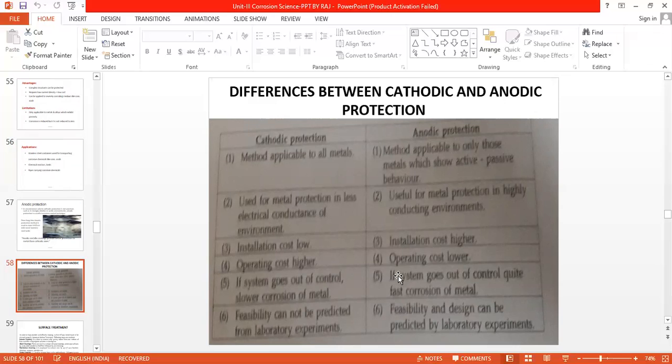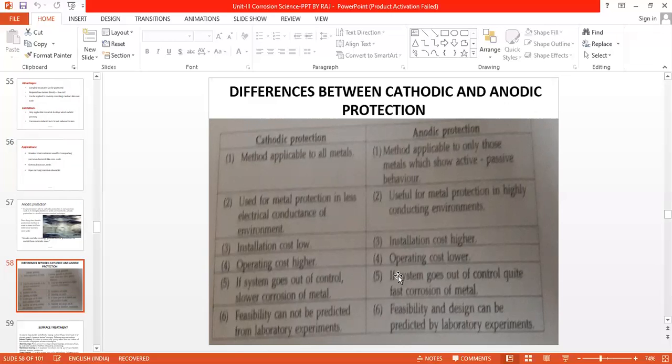The cathodic protection is used for metal structures in an environment of less electrical conductance, whereas the anodic protection is used for metals in a highly conducting environment.